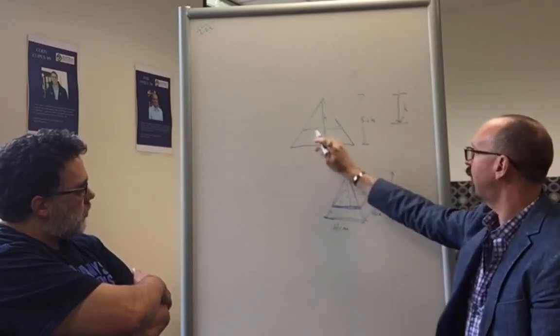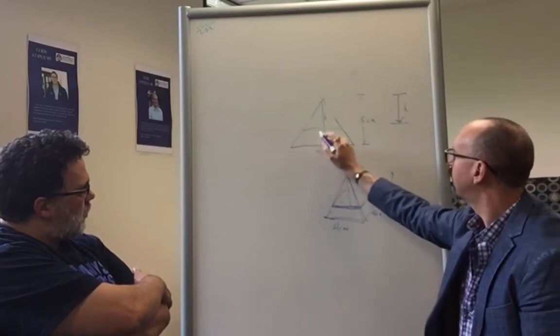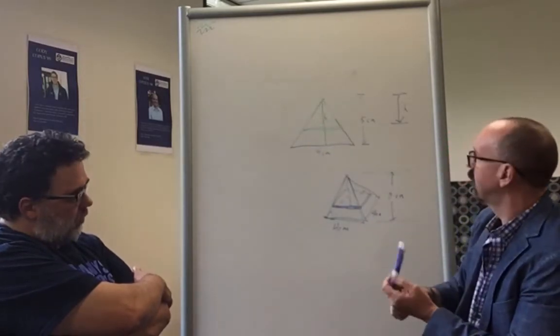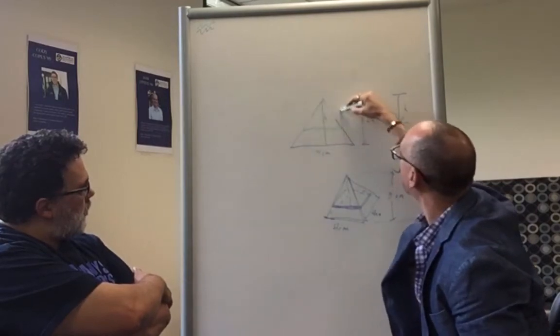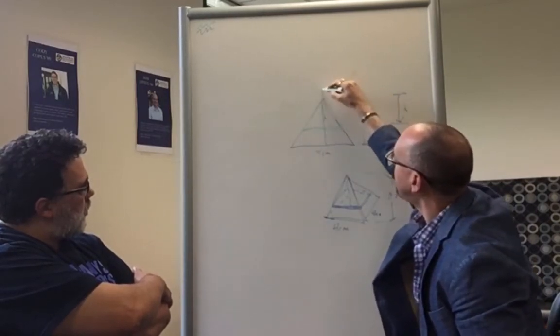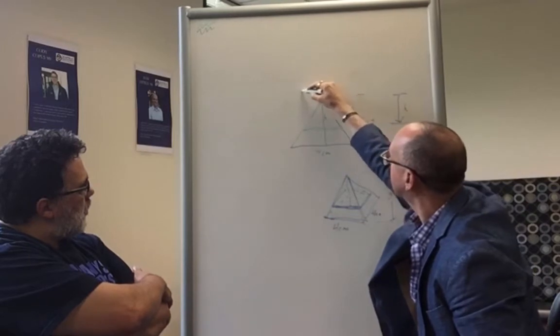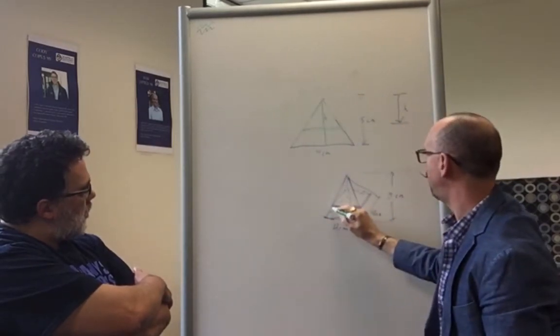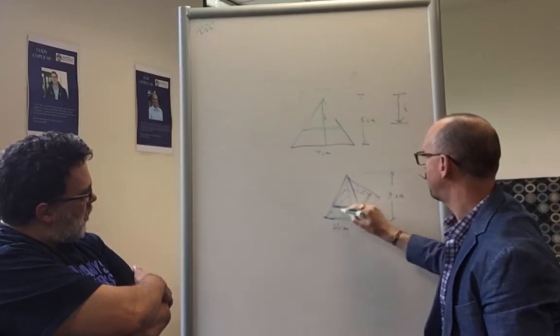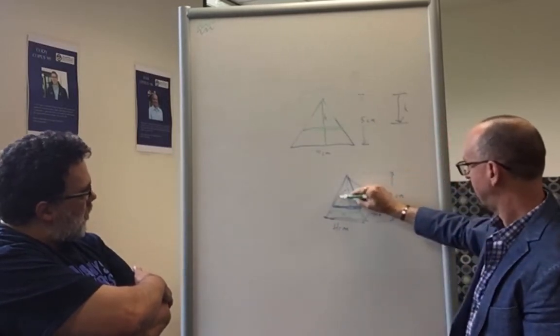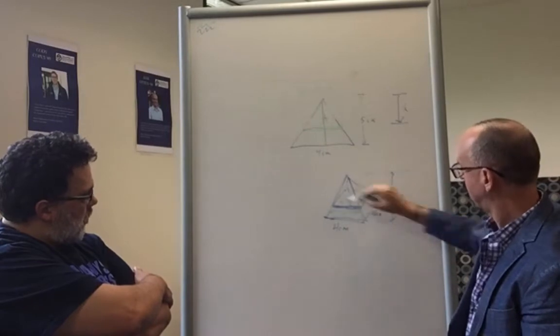And so by similar triangles, if I call this measurement b, which is also going to be this distance, because we cut right down the middle, it's this length.